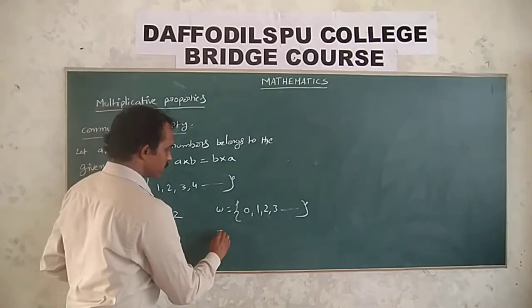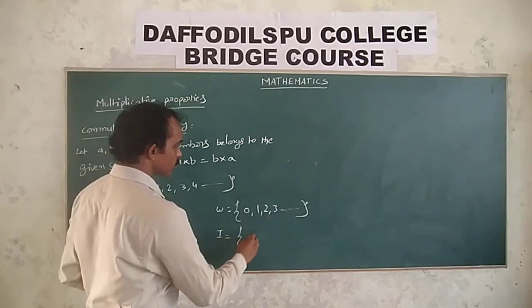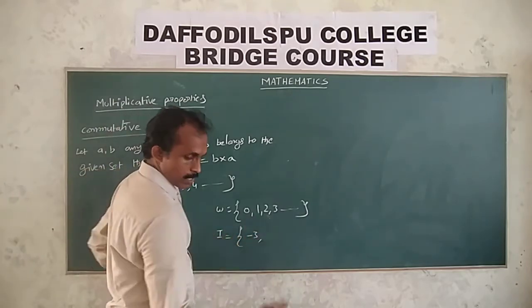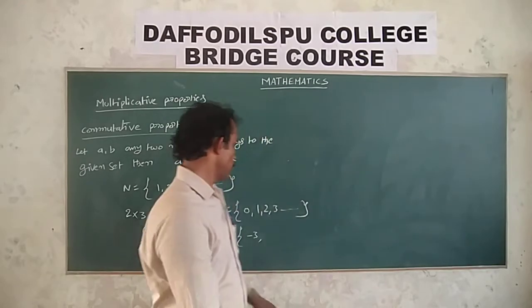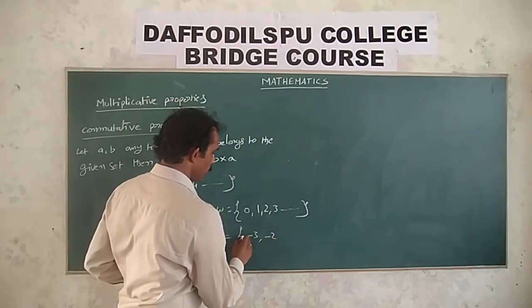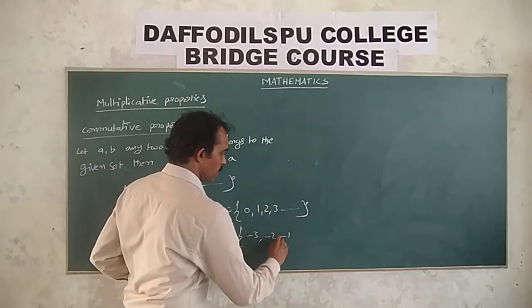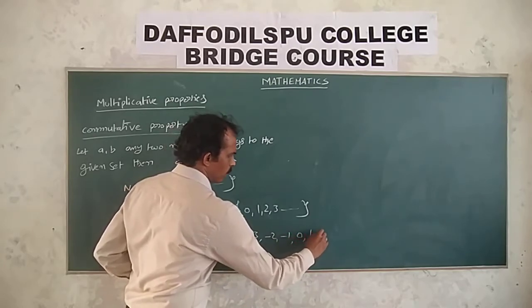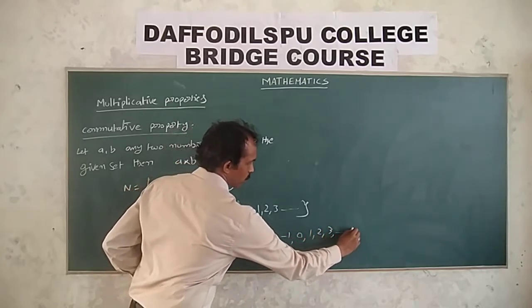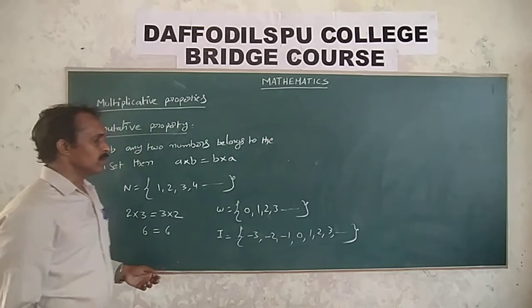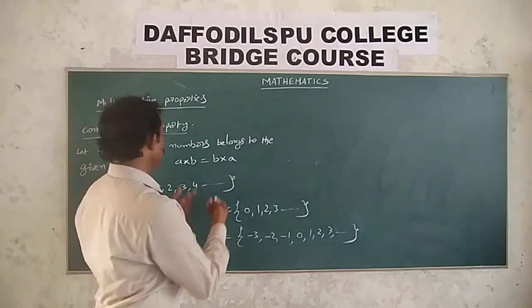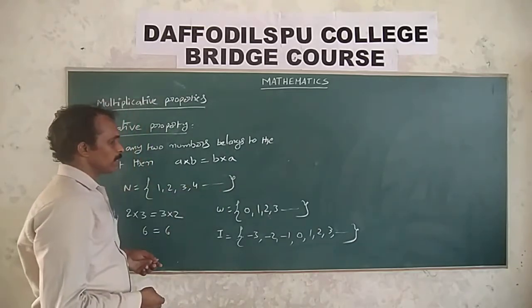Like integers: minus 3, minus 2, minus 1, 0, 1, 2, 3 and so on. So these are the integers. For integers also, we will check the commutative property.